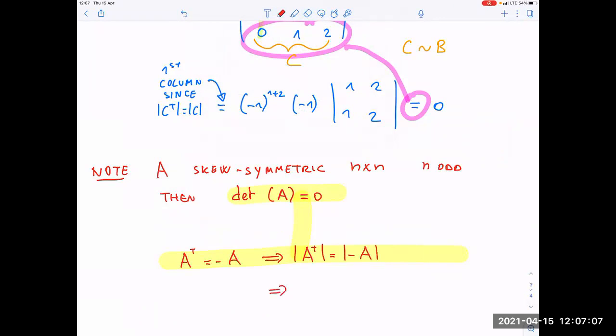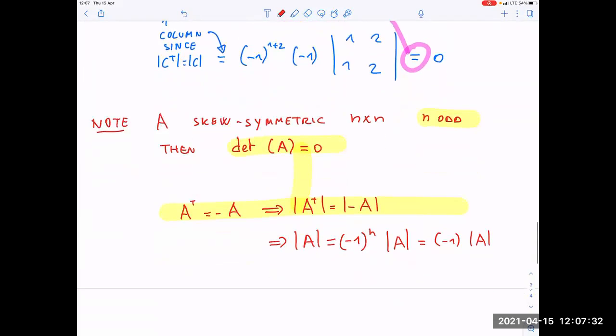And from what we learned, the determinant of the transpose is equal to the determinant of the original matrix, while the determinant of a matrix times a number is that number to the size times the original determinant. And as we have an odd size here, what we get is minus the determinant of A.